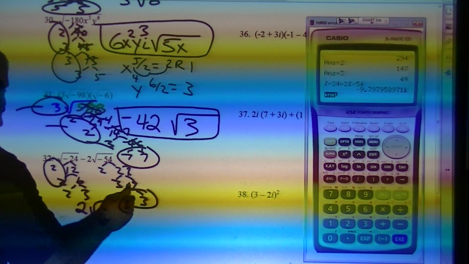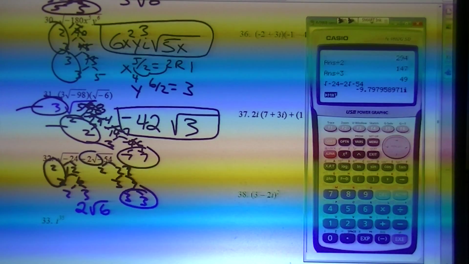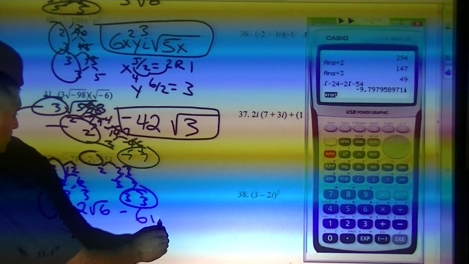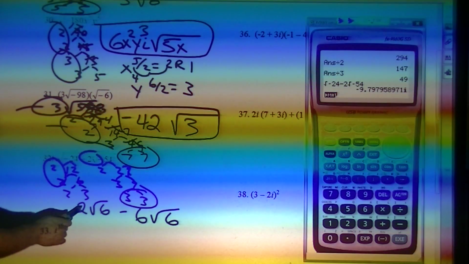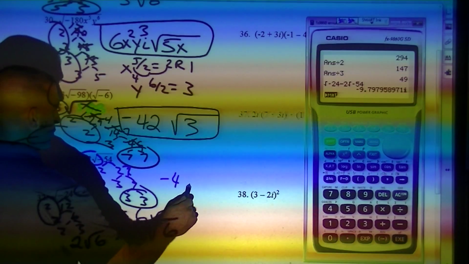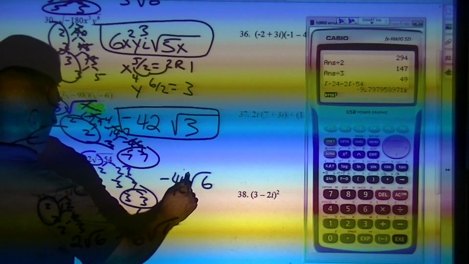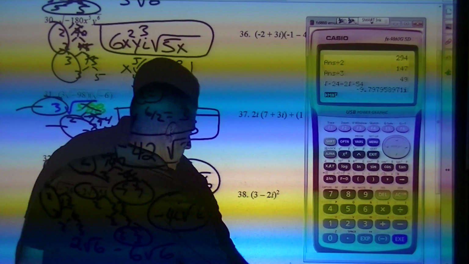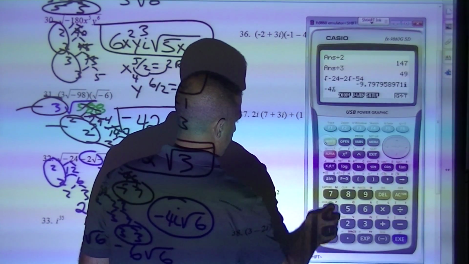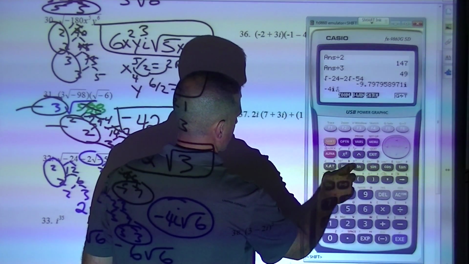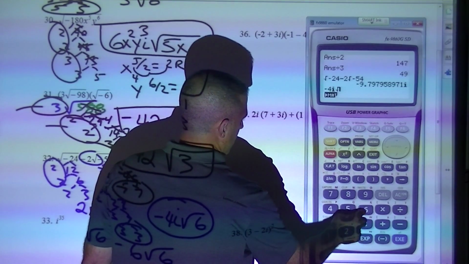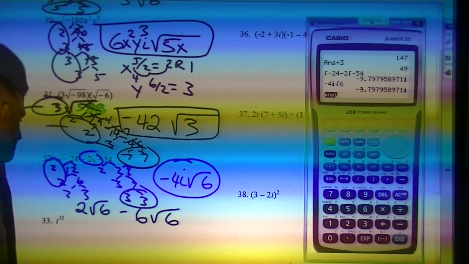There's my pair there, but I also got to account for that. So that's going to be minus 6 square root of 6. If I subtract those, that's negative 4 square root of 6. And I got to put my i involved in the answer. Once again, if I type that in, that's my final answer.